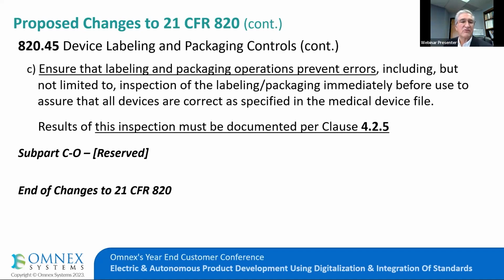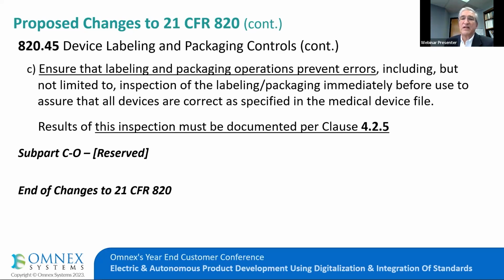Parts C through O, that's a lot of paragraphs, are now deleted from CFR 820, again for the same reasons. They are redundant to what is in 13485. That is a summary of all the changes to CFR 820.